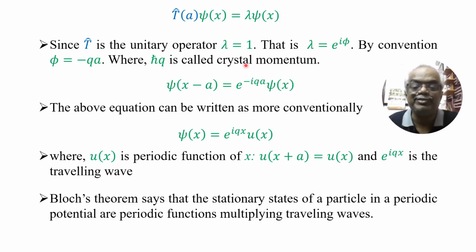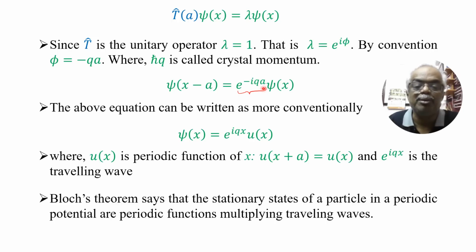because we are dealing with a periodic crystal. So psi of x plus a is equal to e to the power minus i q a times psi of x. This is the translational operator. This exponential we have seen in the beginning of our class, except there we had the momentum, and here h cross q is the crystal momentum.